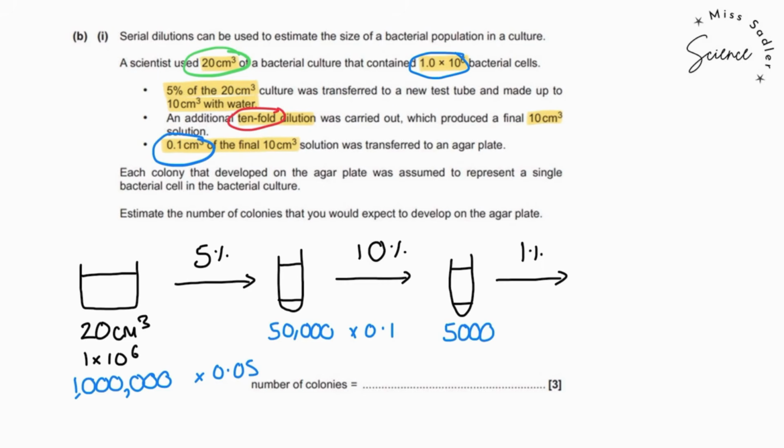So I'm going to do 5,000 times 0.01, and that is going to give us 50, and that is what's going to be transferred onto the agar plate here, and those bacteria are going to be allowed to develop. So the number of colonies on that agar plate is 50 for the 3 marks.